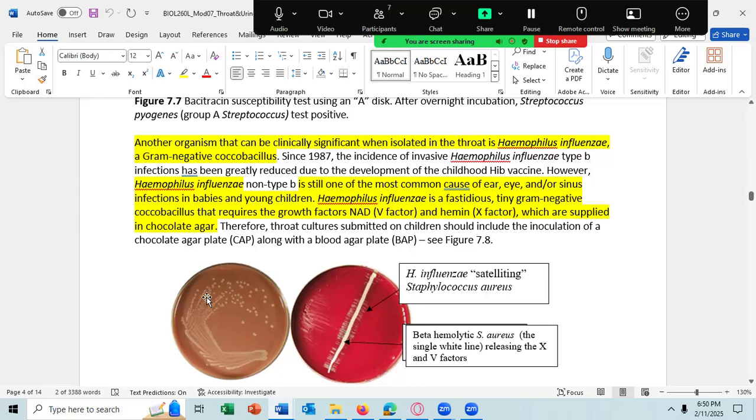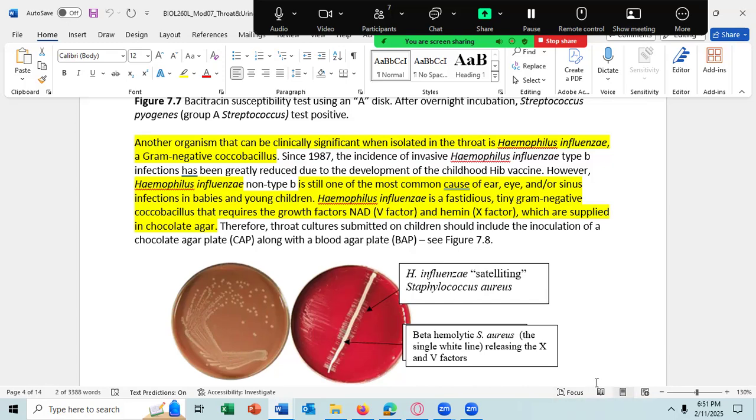And so if you swab Haemophilus influenzae on chocolate agar, you can get it growing on the plate because the blood has been lysed, releasing the factors that Haemophilus influenzae requires in order to grow.